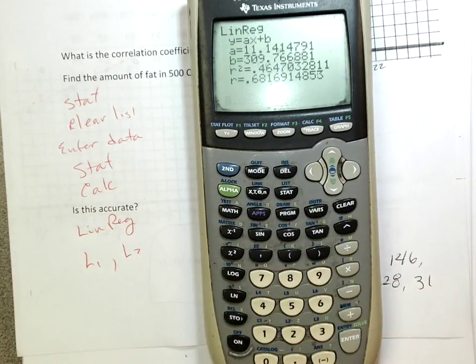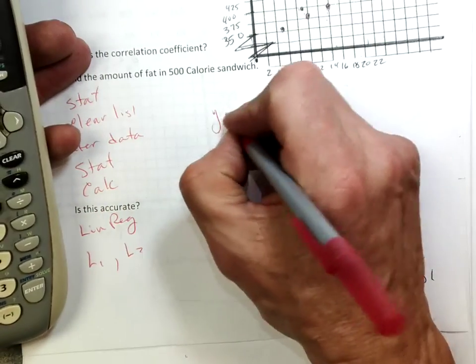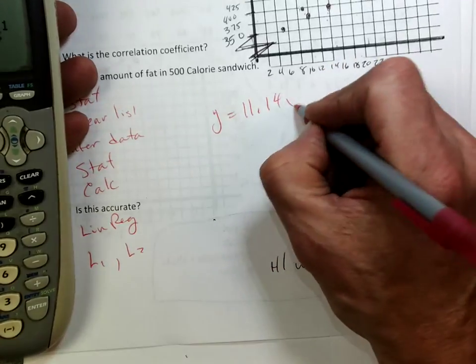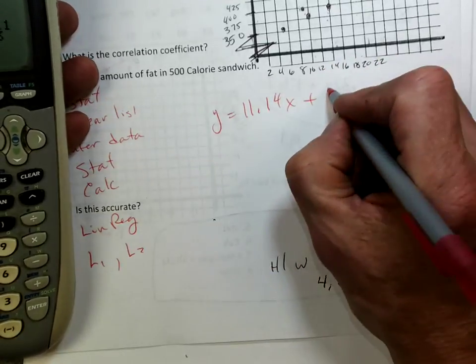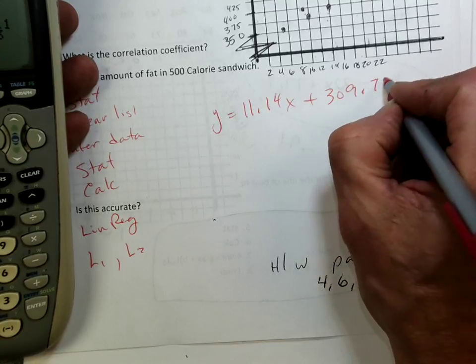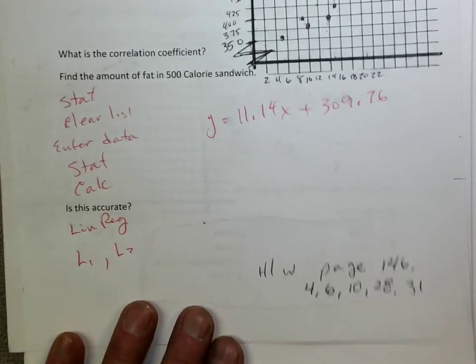And there's my answer. So my answer is y equals 11.14x plus 309.76. Okay?